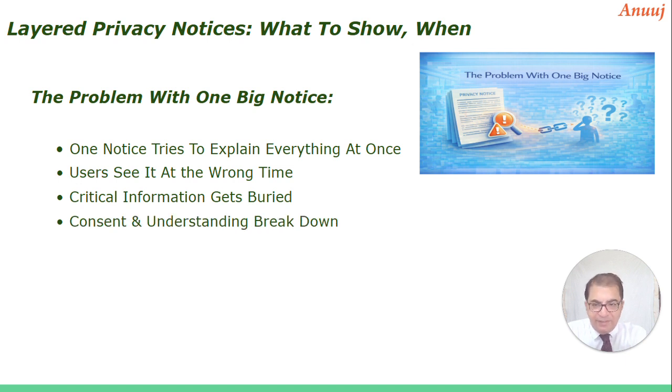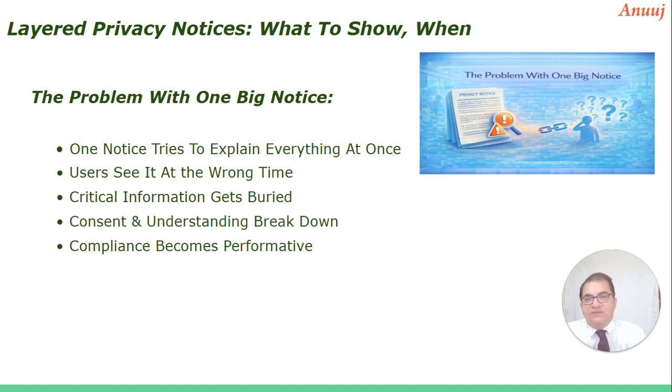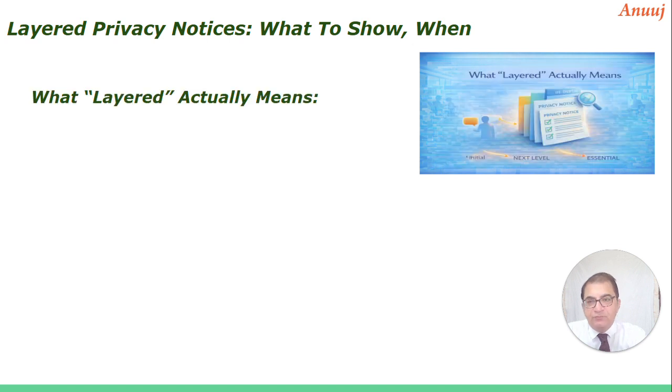Critical information gets buried and the consent and the understanding break down. Since I want to buy the product, I might still go ahead. Is this the way you wanted to sell the product to me? Your choice. Compliance, of course, is not good or valid compliance if it's a long notice for me to read. I may be satisfied with the product, but what about the regulators that the fiduciary has to answer to?